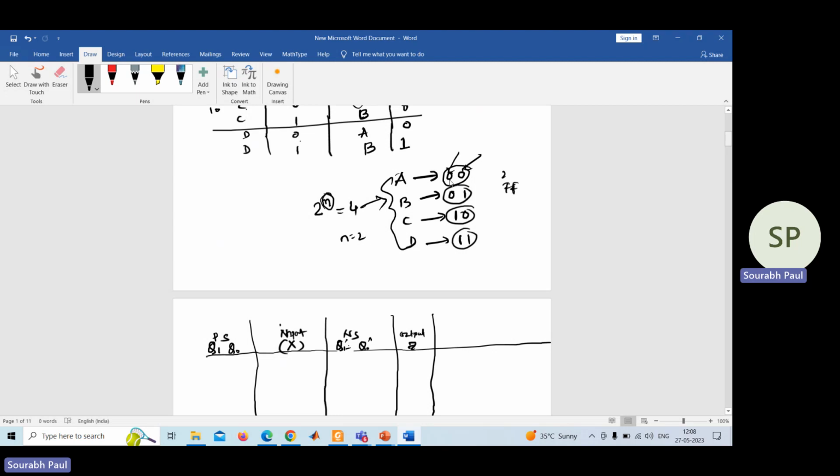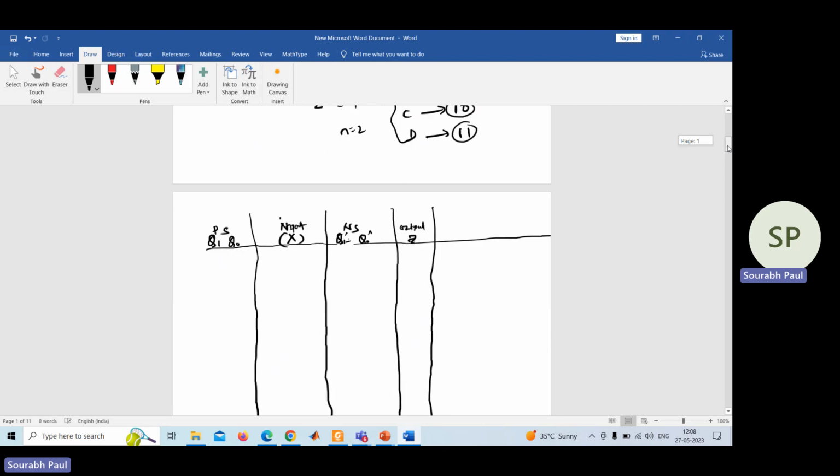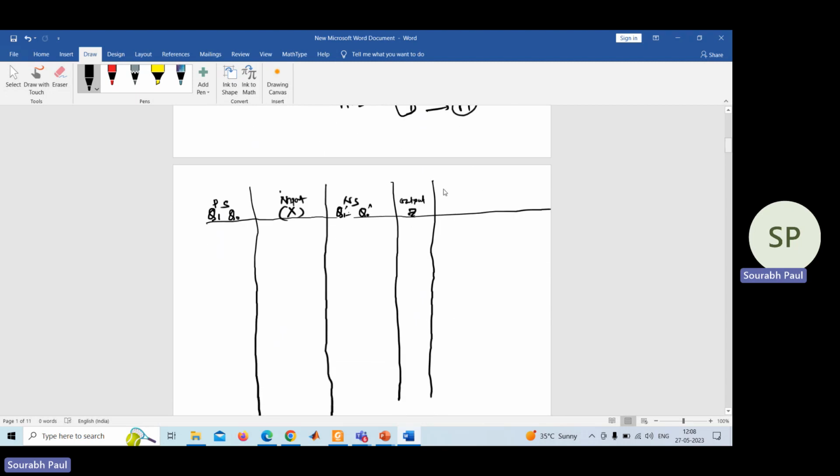For this problem, I'm using JK flip-flop, so 2 JK flip-flops will be required. Suppose the first flip-flop is J1, K1, and the second flip-flop is J0, K0. That I'll find out.